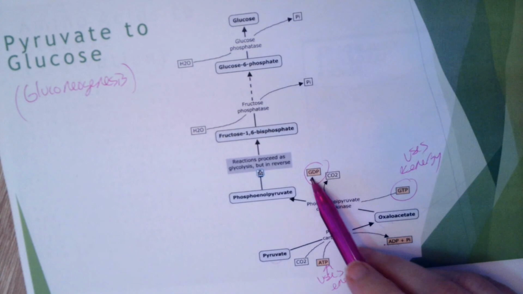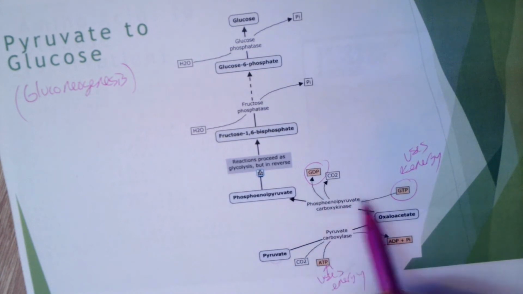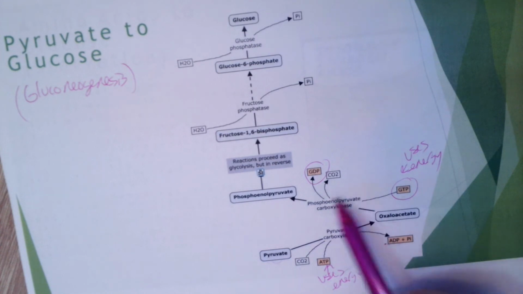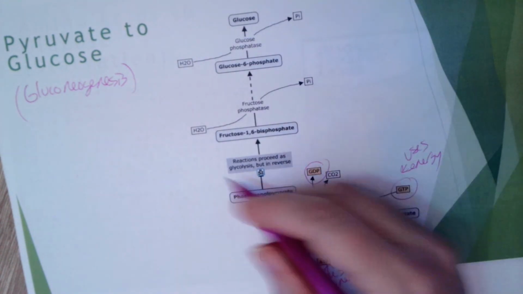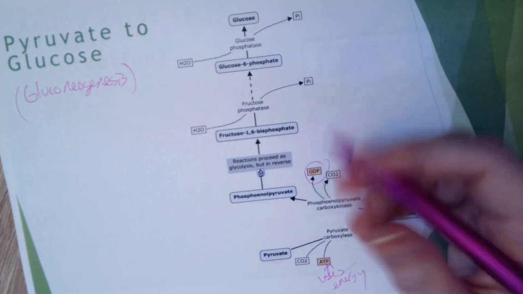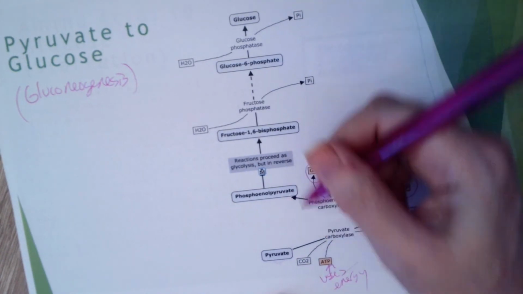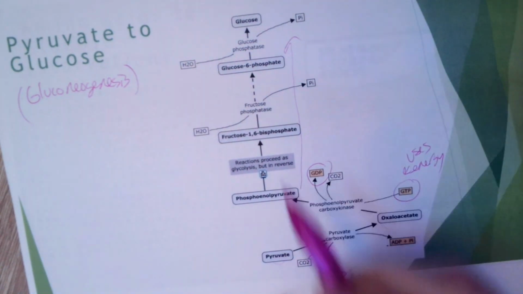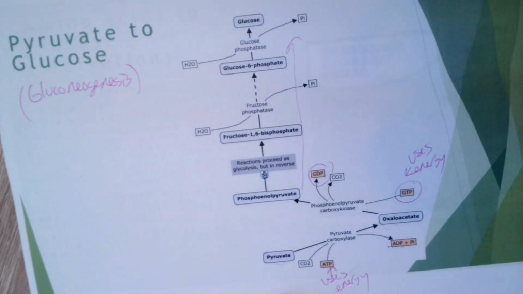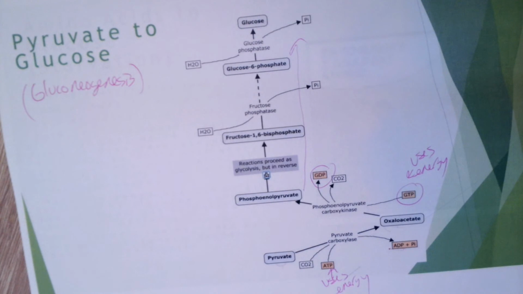So back in the Krebs cycle, we used some GDP and added a phosphate to it to get GTP. And then here we are at the end of glycolysis, right? If we were running in the forward direction, this would be the end part of glycolysis, and we just run it straight up backwards until we get to glucose, just glucose. And we can use that glucose to raise our blood sugar.